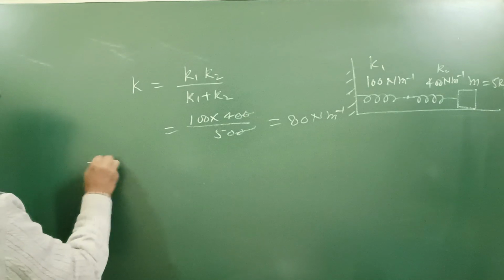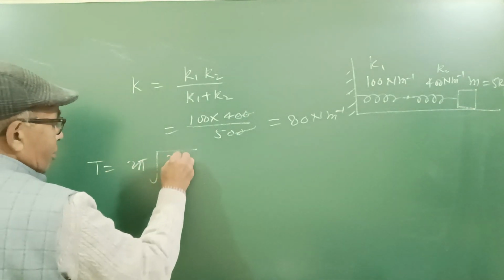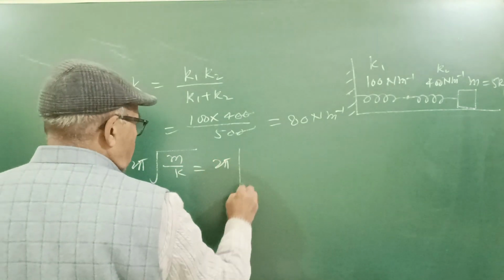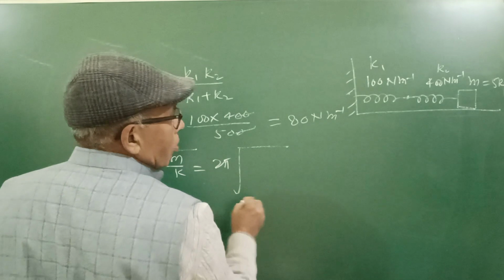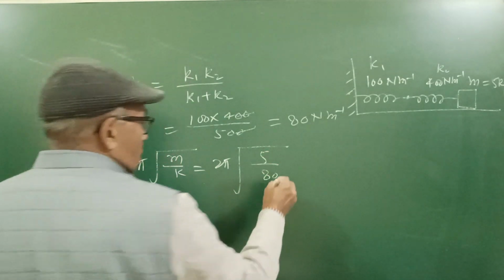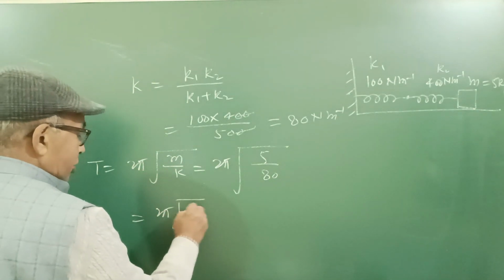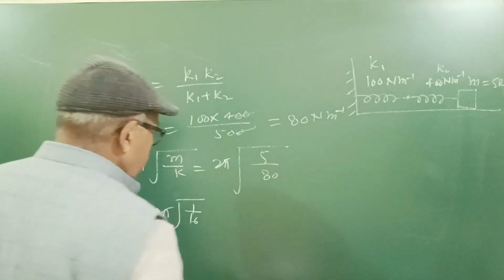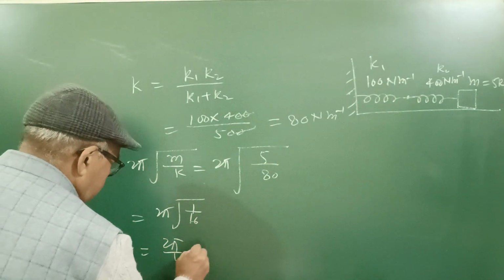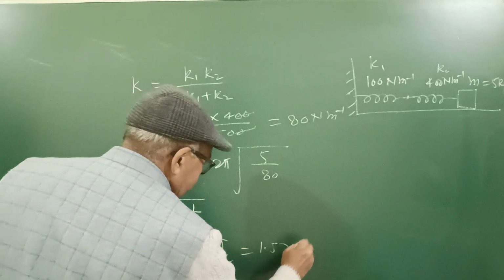So time period T equals 2 pi under root M upon K, 2 pi under root 5 upon 80. It is 2 pi under root 1 by 16, so 2 pi by 4, then pi by 2, 1.57 seconds.